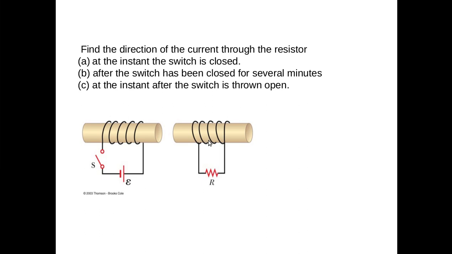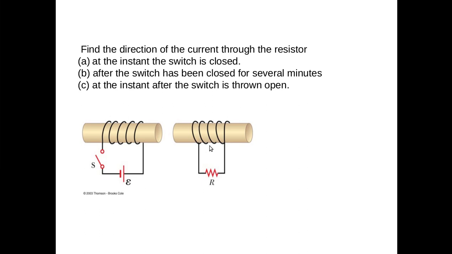So my thumb is pointing to the right. What's the direction that my fingers are curling around this coil? So I'm actually grabbing the coil from underneath, and my fingers are going around behind it. They're going underneath the bar, and they're going up around and coming around like this.